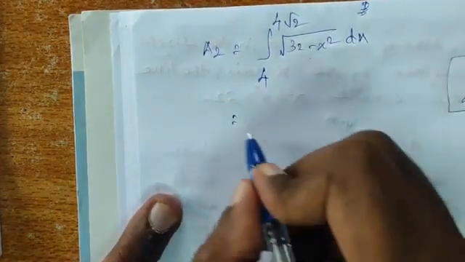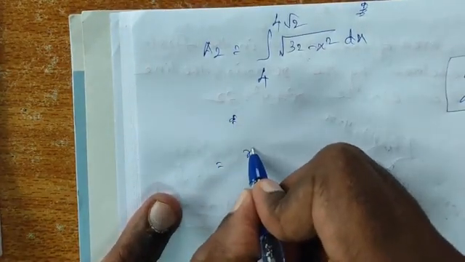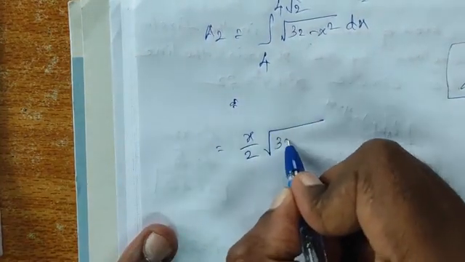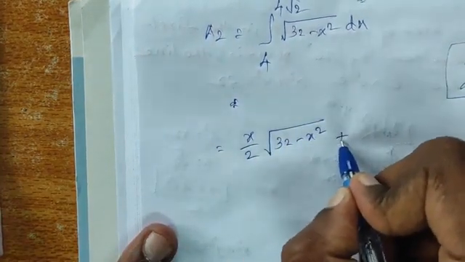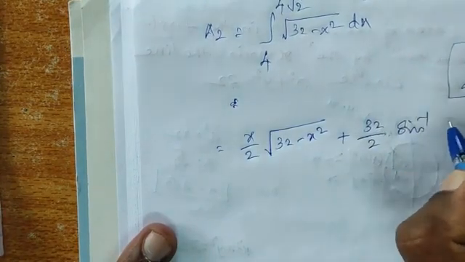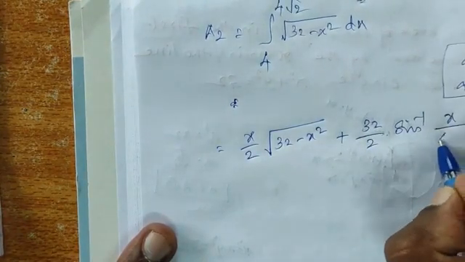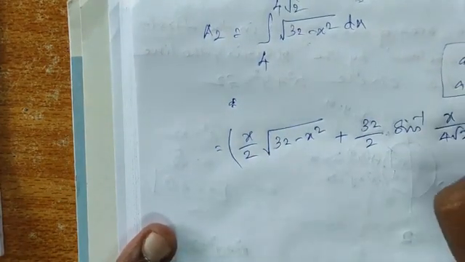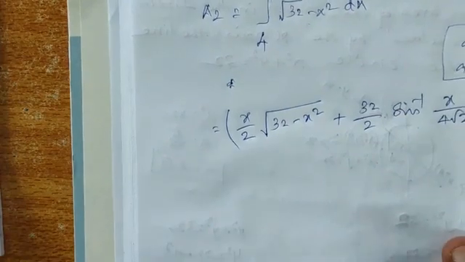So x by 2 into root of a square minus x square plus a square by 2, 32 by 2, sine inverse of x by 4 root 2, over 4 to 4 root 2. So apply the limits.